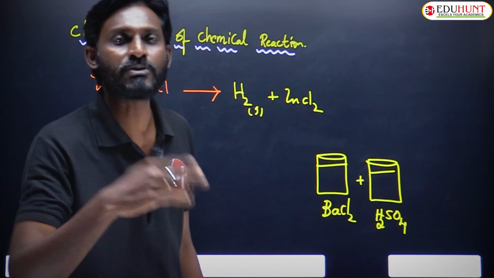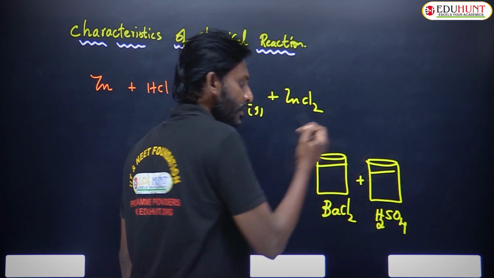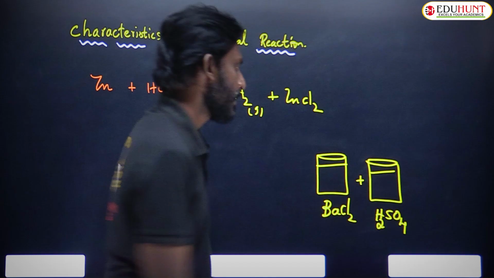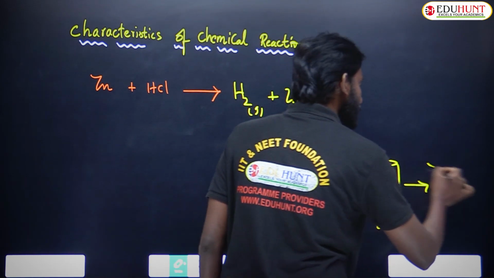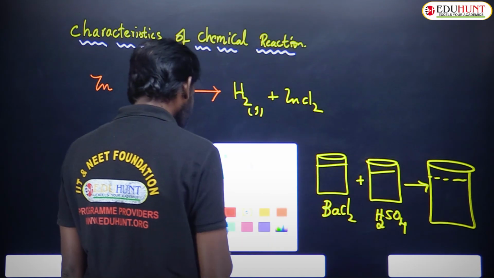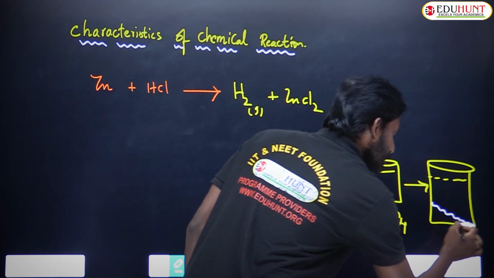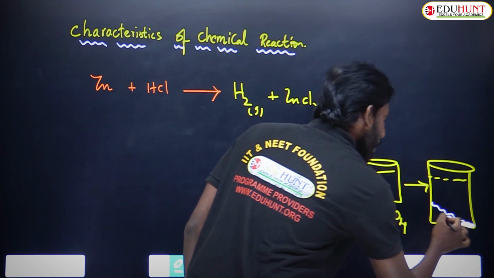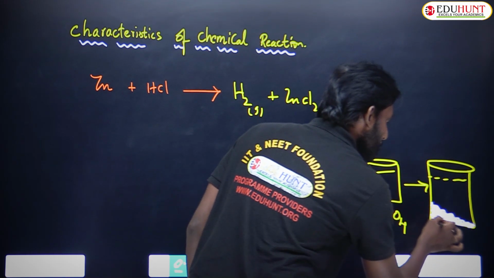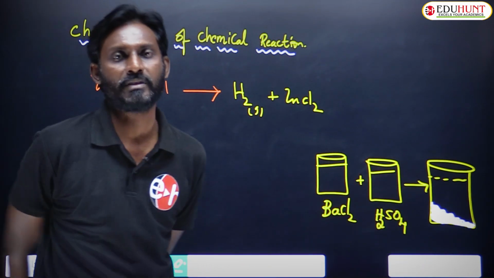But when you add slowly, barium chloride to sulfuric acid or sulfuric acid to barium chloride, drop by drop, in the resultant solution you can observe a white color precipitate formed, a white color substance settled at the bottom. You can notice some kind of white color precipitate formation.